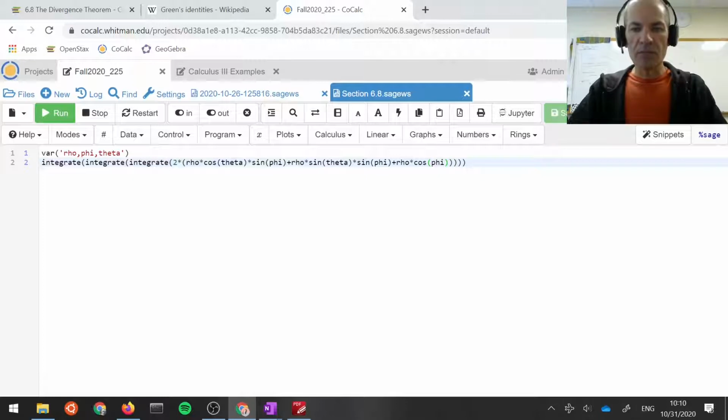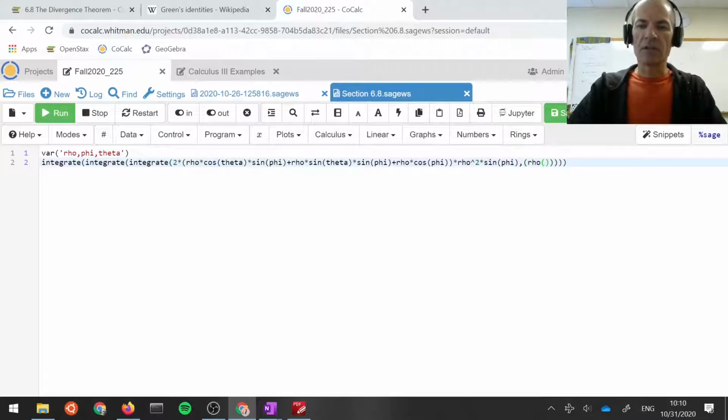That, I believe, is the x plus y plus z part of this. Let's close that off, times rho squared times sine phi. That is the Jacobian part of this. And now we'll begin the integration.